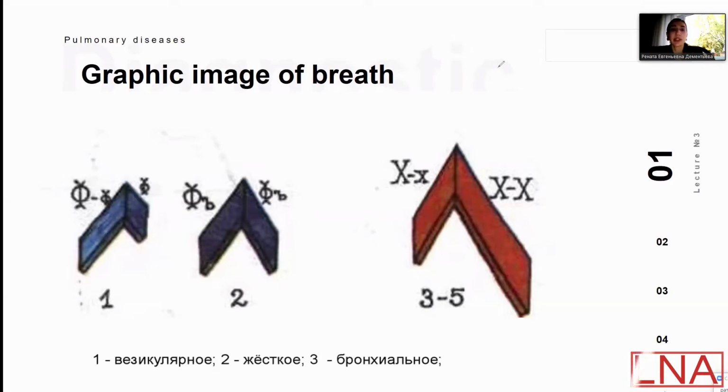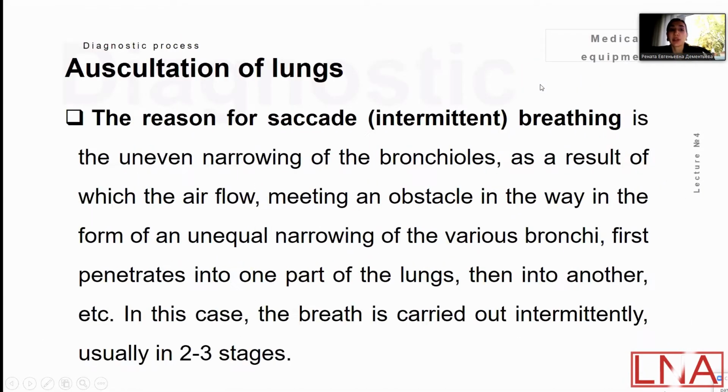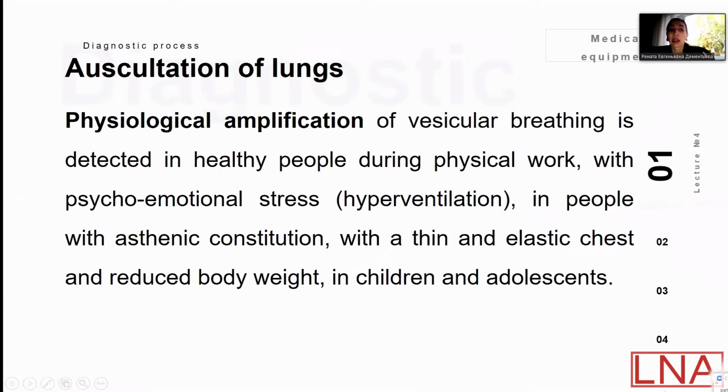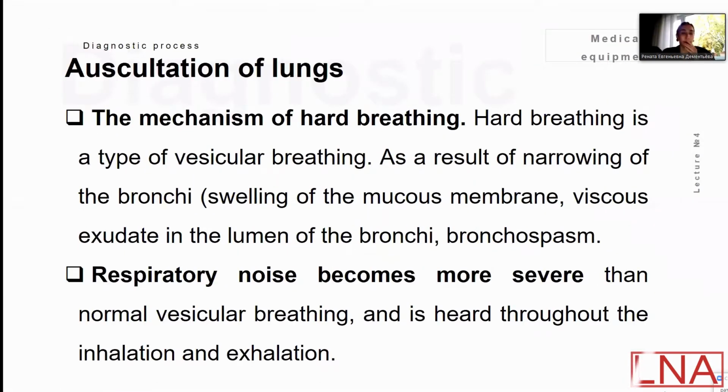So returning to the mechanism of formation, hard breathing is a type of physical breathing as a result of narrowing of the bronchi, swelling of the mucous membrane, maybe the presence of a little bit of viscous exudate in the lumen of the bronchi, and a little bit of bronchospasm. These are the three reasons for development of hard breathing.